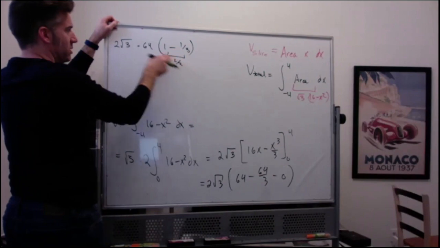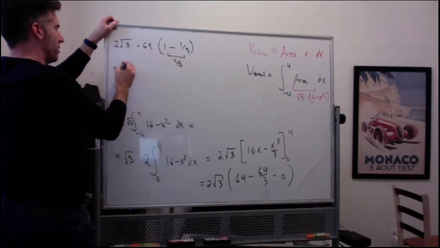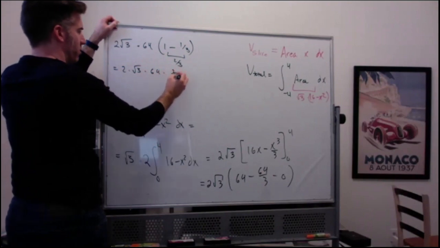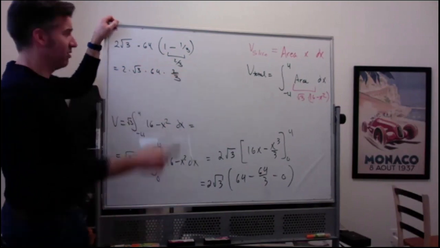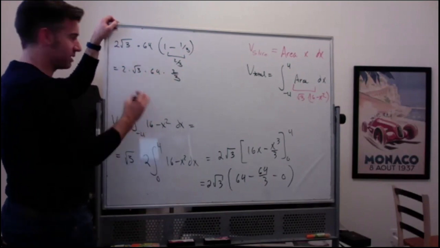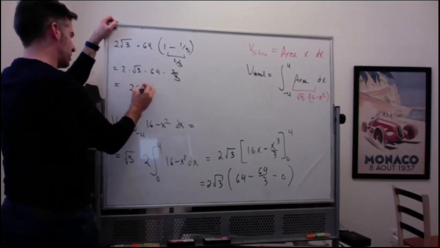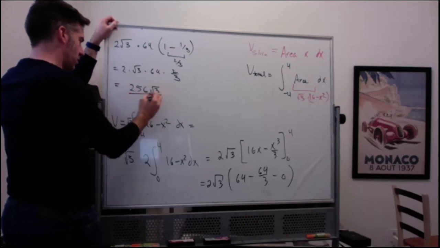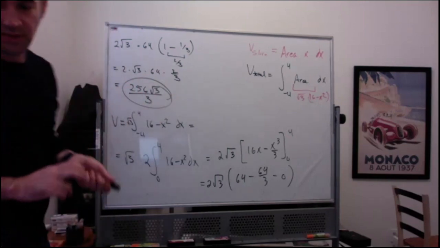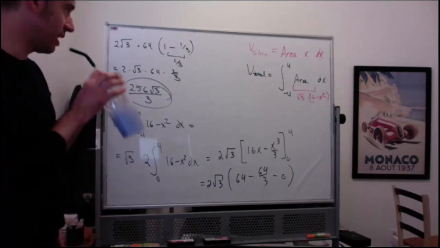So I've got 2/3 of 64. So I've got 2 times root 3 times 64 times 2 over 3. And then I just multiply it out. 2 times 64 is 128. There's another 2, is 256. So 256 root 3 all over 3. And that's how we would handle some problems like that.